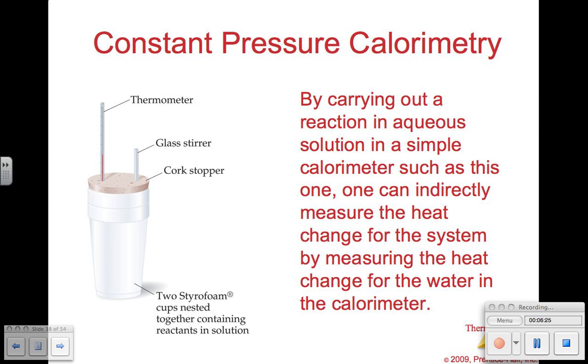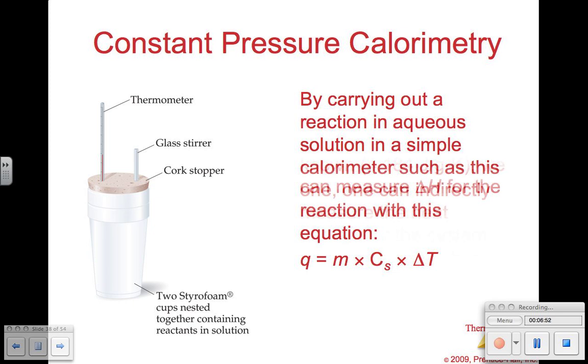By carrying this out, we can measure the specific heat change. We typically do it in a container with water, and water is basically the substance that we're measuring the temperature change in. So with the specific heat of water, which we saw on the table, we can use the equation to work out what Q is for a specific reaction.